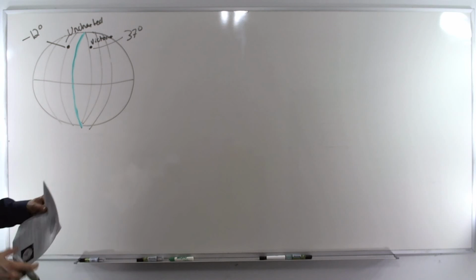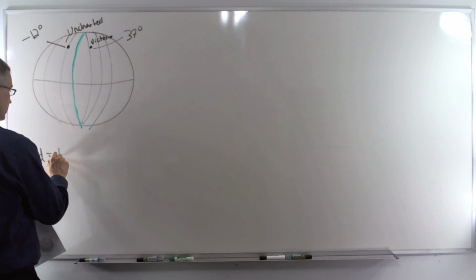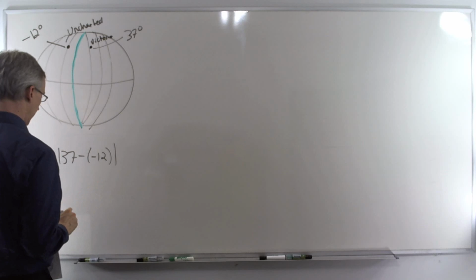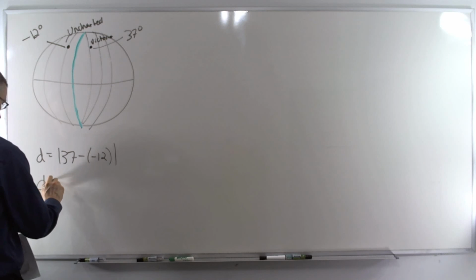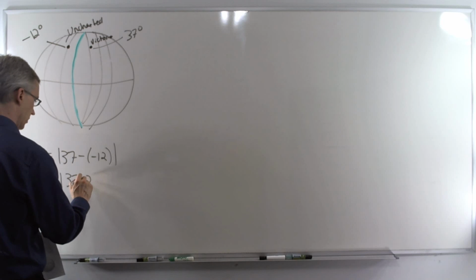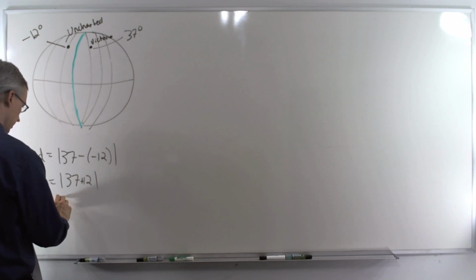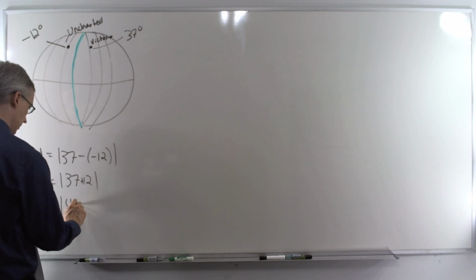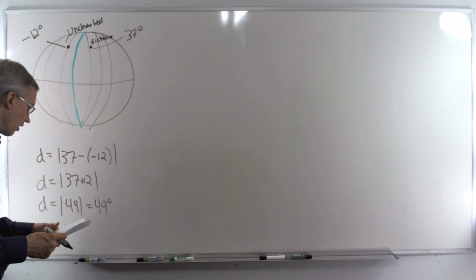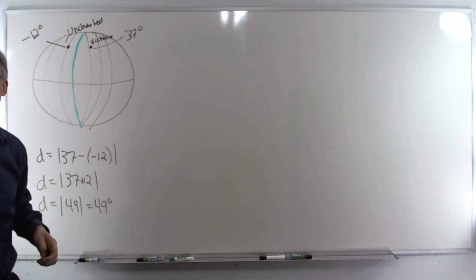So now let's find the distance between those 2 points in degrees. So the distance is 37 minus negative 12, absolute value. So that's the same as 37 plus 12, so that is 49 degrees is the distance between those 2 points.